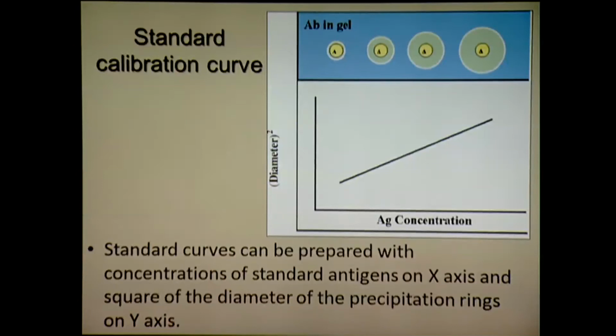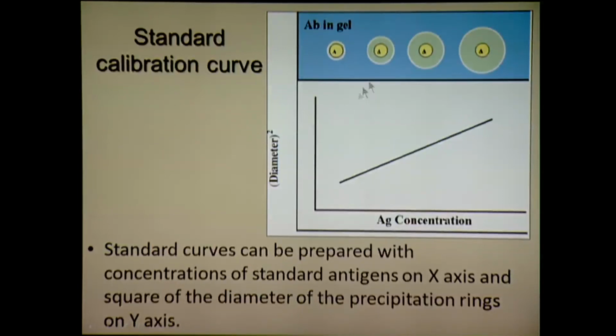You load them in different wells and you load your sample, and then after doing the experiment, you measure the diameter of the precipitin rings formed around each well. Then put the diameter square value on the y-axis versus antigen concentration on the x-axis. You will get a standard curve.